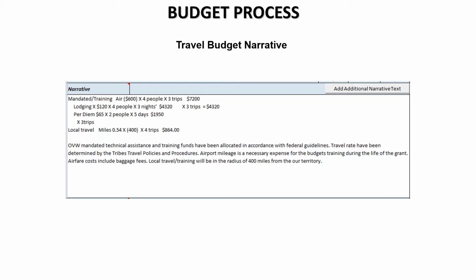You do not include client or survivor travel assistance, like bus vouchers; that is not included here. Also, if you are leasing or purchasing a vehicle, that is not included in this category either. It's just for your staff travel costs and all the different examples that Michael listed out.